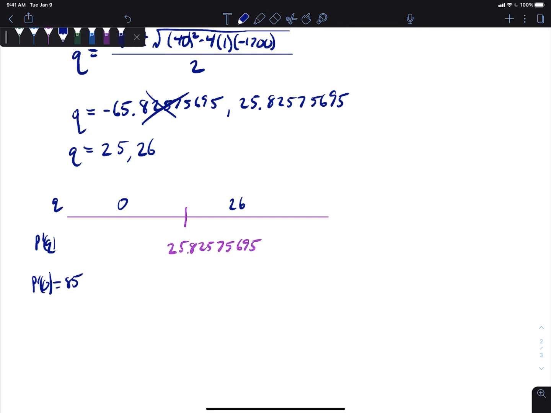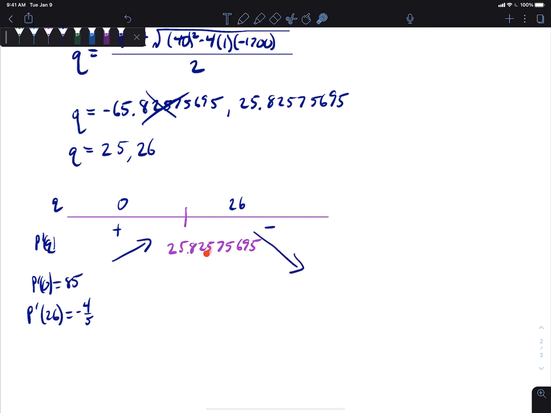So at the 85, that means that it's positive, which means that this is going up from left to right. Now, P prime of 26 is negative 4/5. That makes that negative, which means it's going down from left to right in that region.